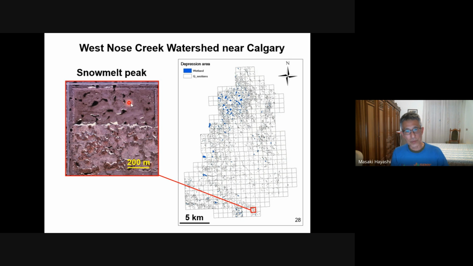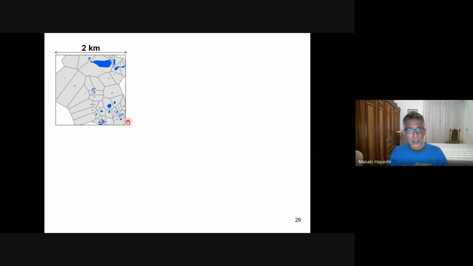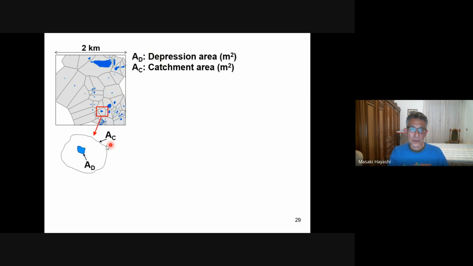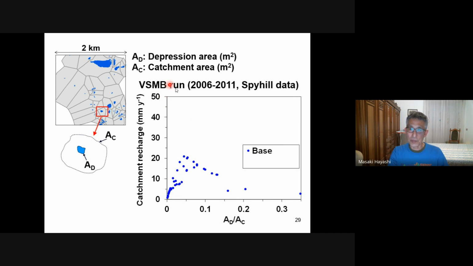If we look at this one here, there are about 50 or so depressions and wetlands forming in depressions. We delineated the catchment using this polygon method, and then determined the area of the catchment and the area of depression. Then we estimated the depression-focused recharge averaged over this entire catchment.